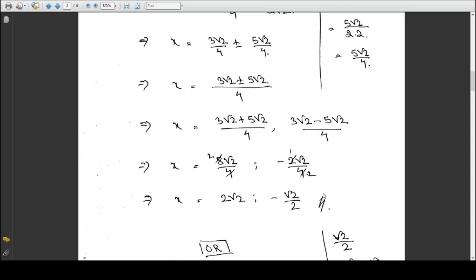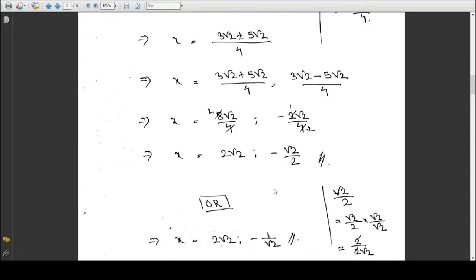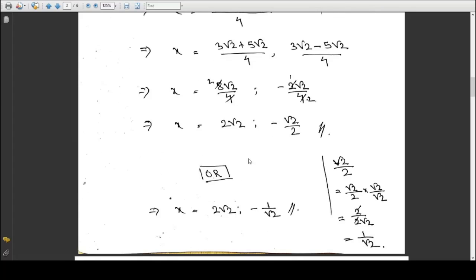This is the value of x, or you can again simplify this, because this is given as the answer in the question. This 2 by root 2, again you multiply by root 2 on both numerator and denominator. Root 2 multiply root 2, you will get root 2 square with this 2, and then by 2 root 2.